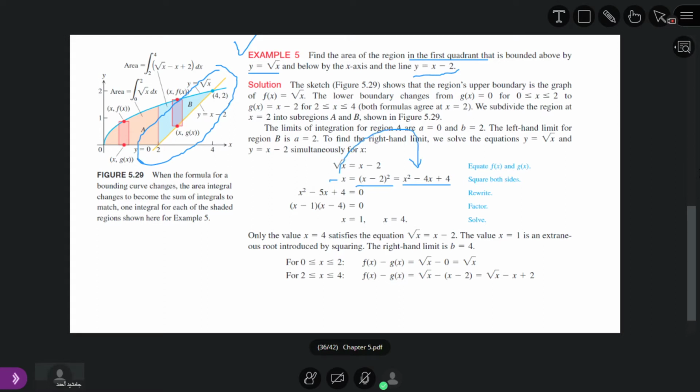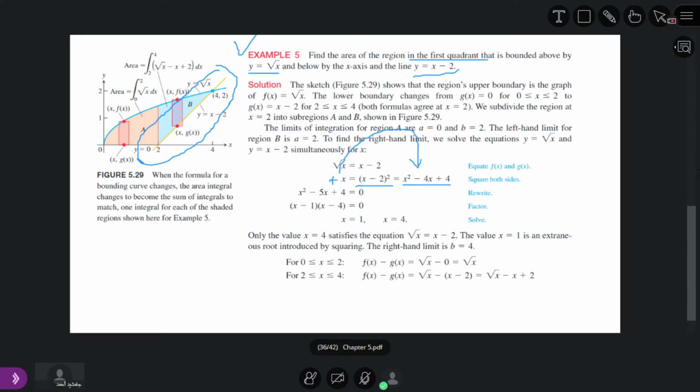Here it is positive. Whenever we shift to the other side, it becomes negative. So that is why we get x squared minus 5x plus 4.